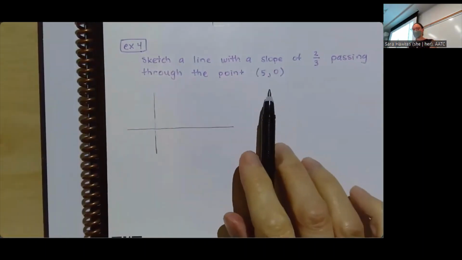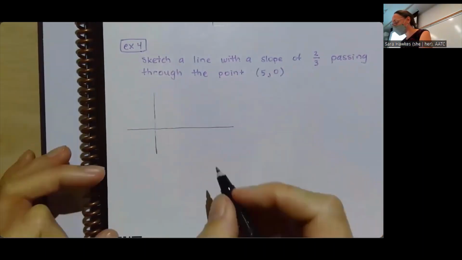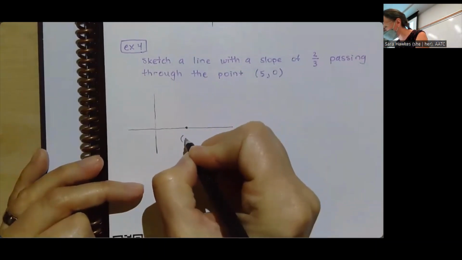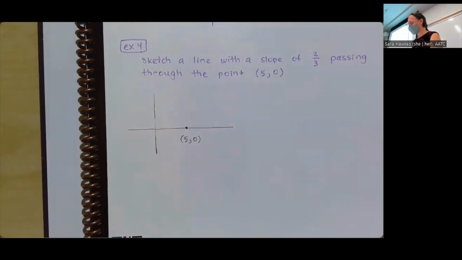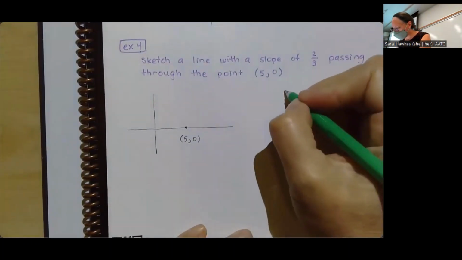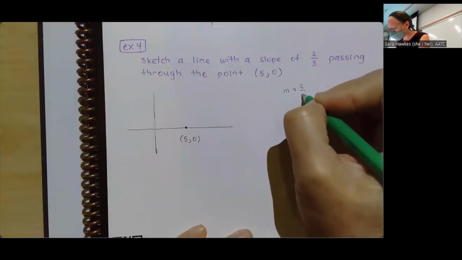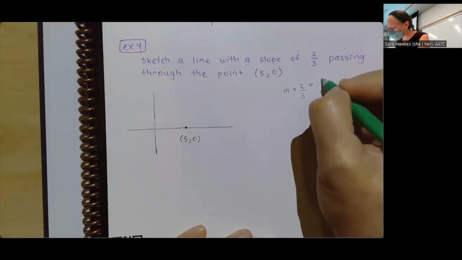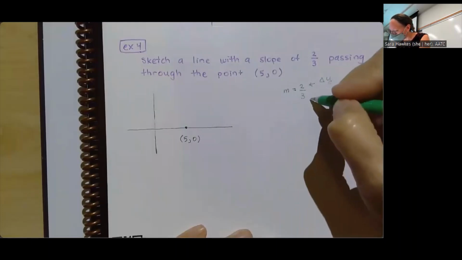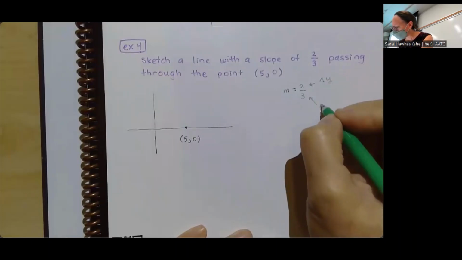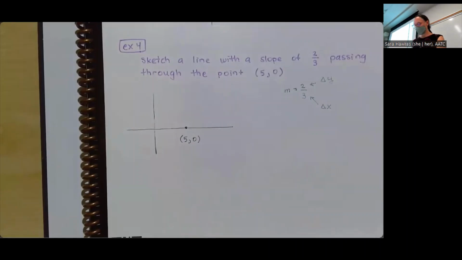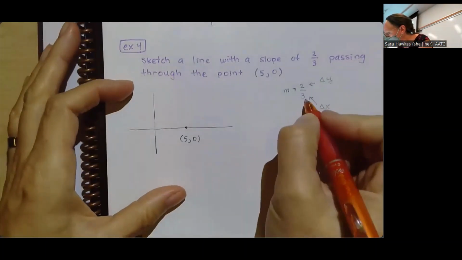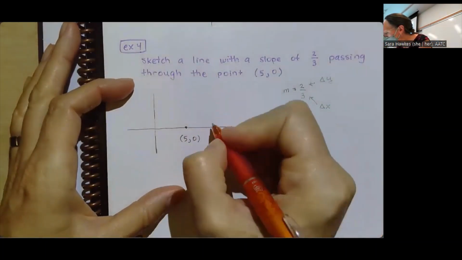I'm going to start at the point 5, 0, because that's the point that we know is on the graph. And if that slope is 2/3, then that tells me that my change in y should be 2 for a change in x of 3. To get to another point on the graph, that means I need to change my x value by 3.